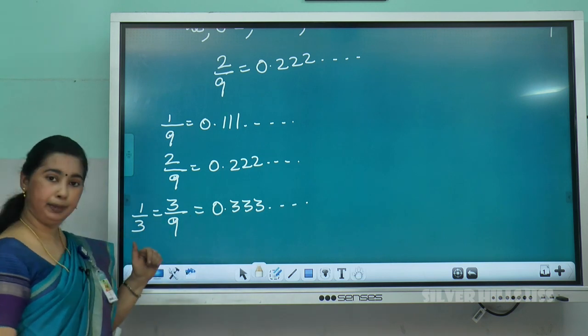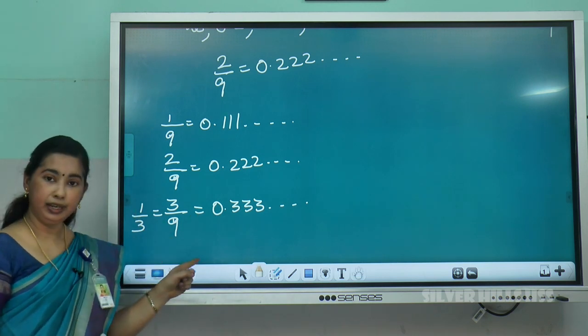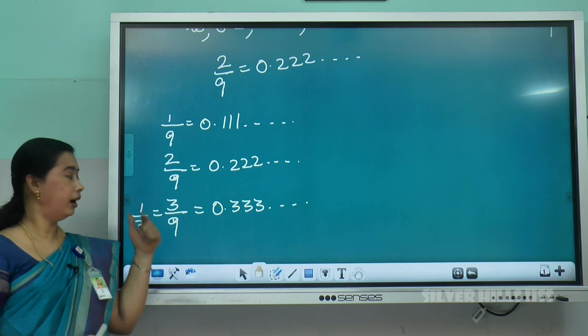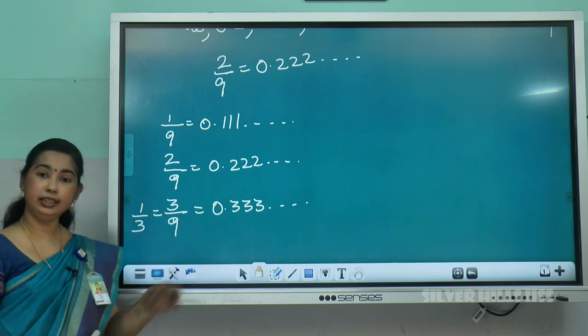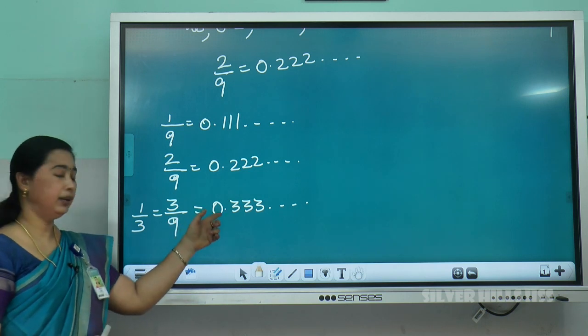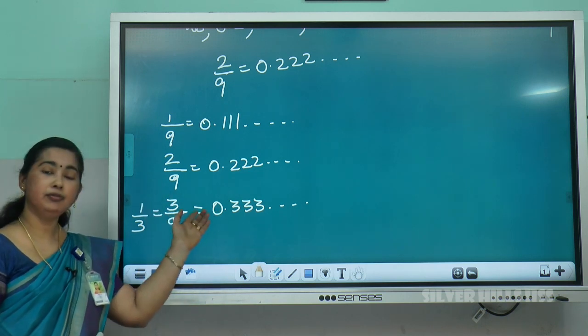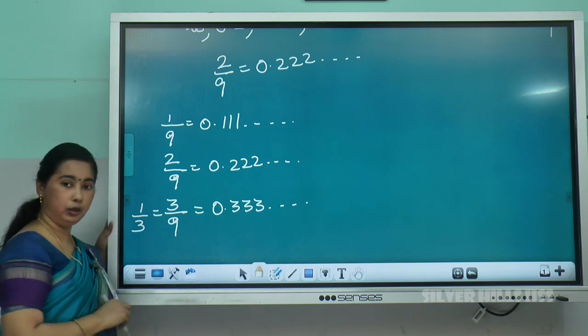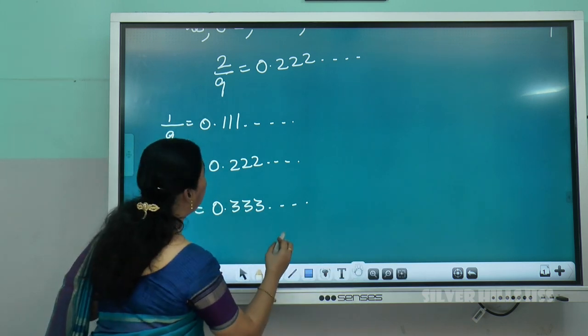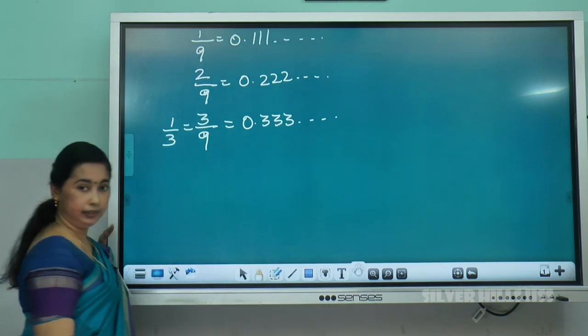Once again I will repeat this. If the denominator is 9 and the numerator is a single digit, then converting to decimal form, the same numerator will be recurring. And so, we got only denominators with 9.